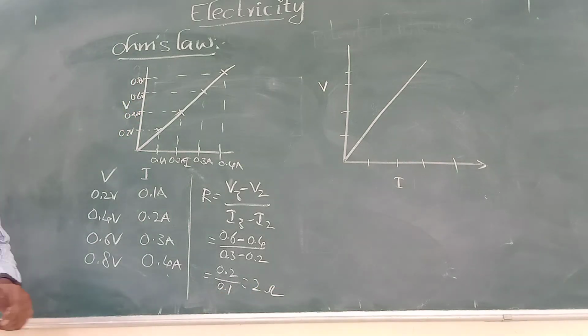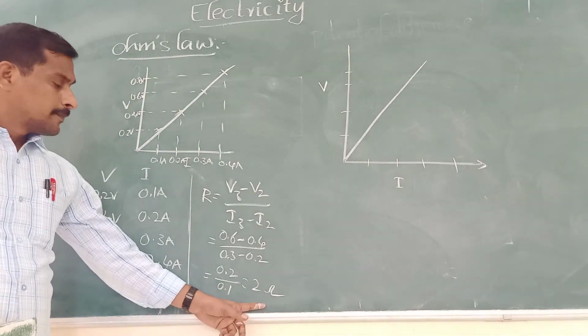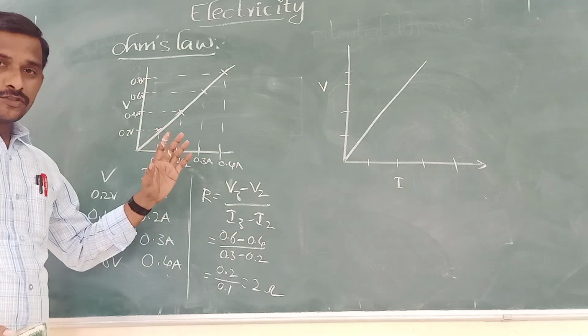The unit of resistance is ohm. So 2 ohms, like this we can find it in one way.